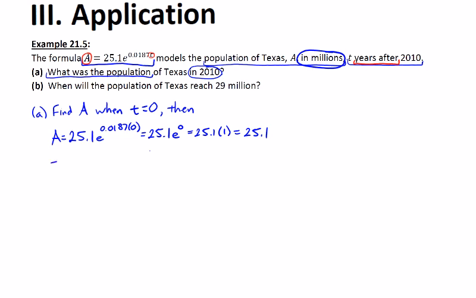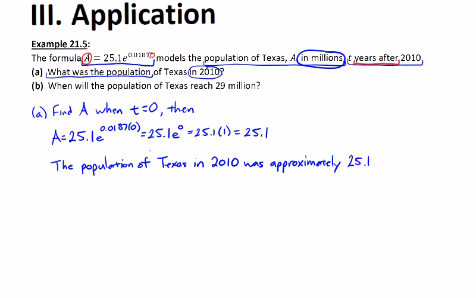So we'll say the population of Texas in 2010 was approximately 25.1 million. And I say approximately because this is just a model. It doesn't give us an exact answer typically with a model. It's just there to give us an estimate.